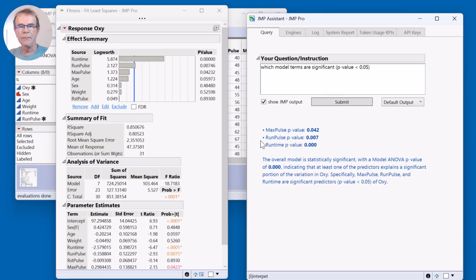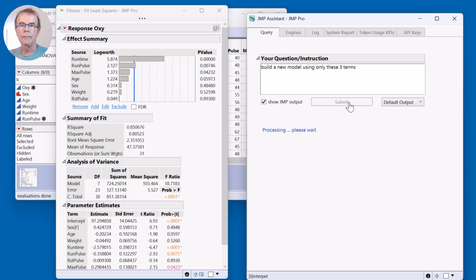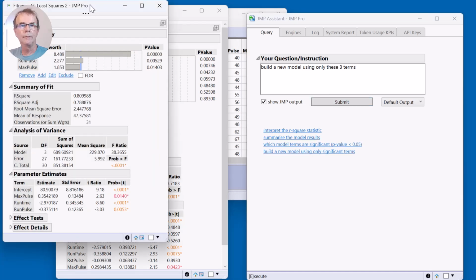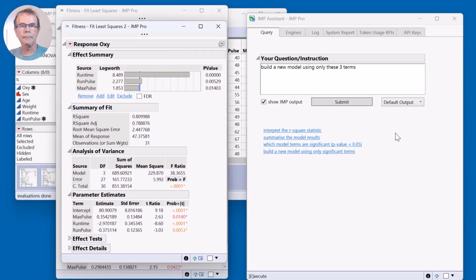And it gives me the 3 terms. I could say build a new model using only these 3 terms. Like so. So those are some examples.